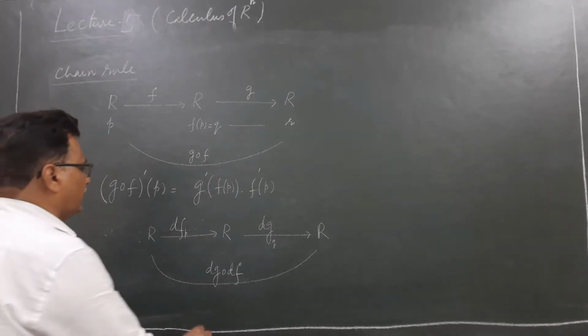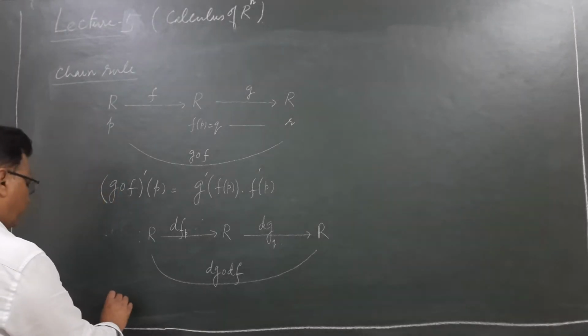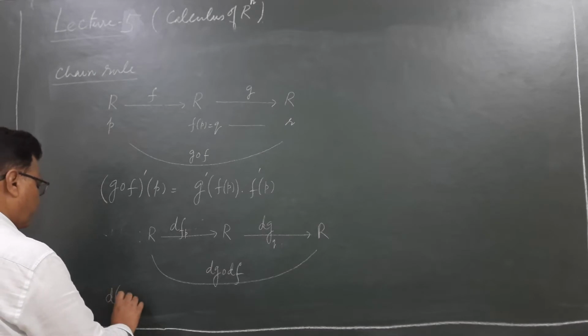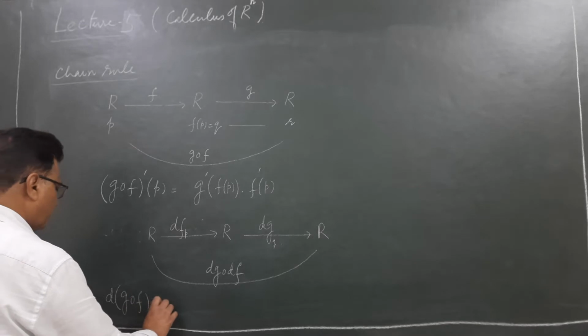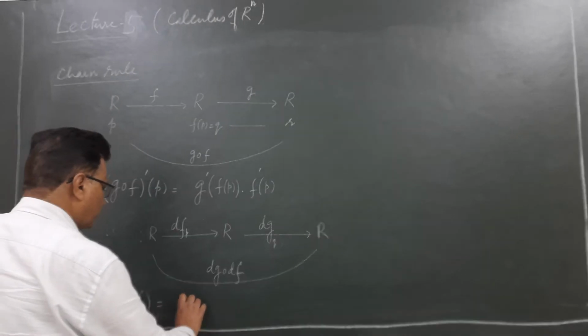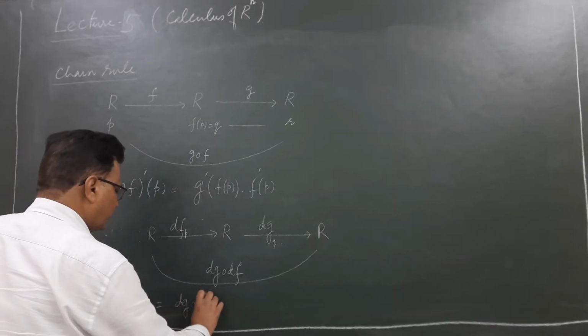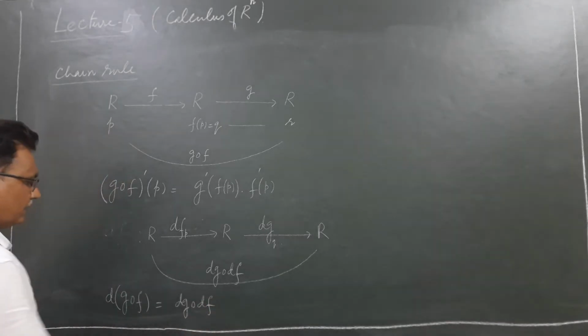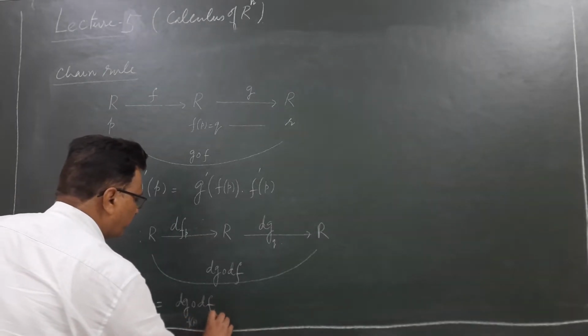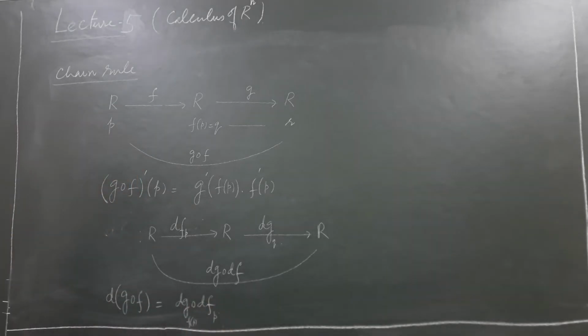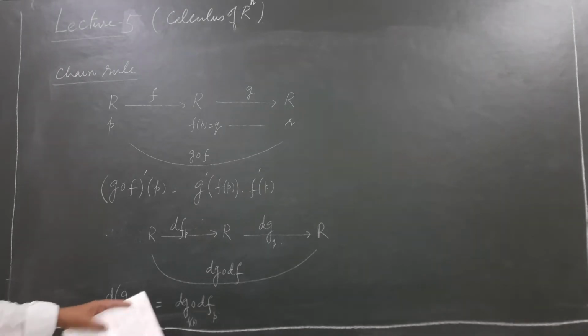What I will be proving is that the differential of g composition f will be equal to dg composition df. This is at the point f(P) and this is at the point P. This is called the chain rule for differentials of differentiable functions. Checking is easy.